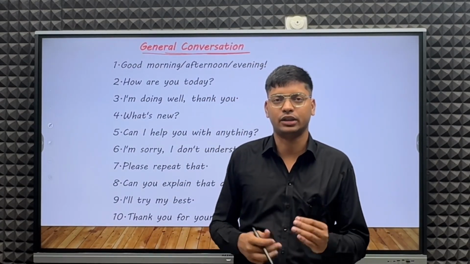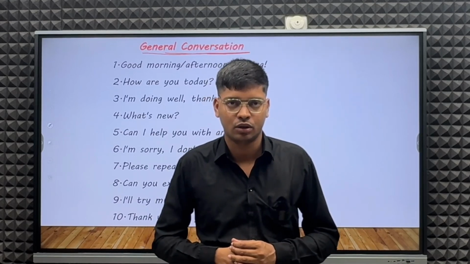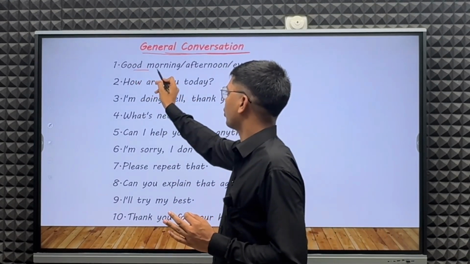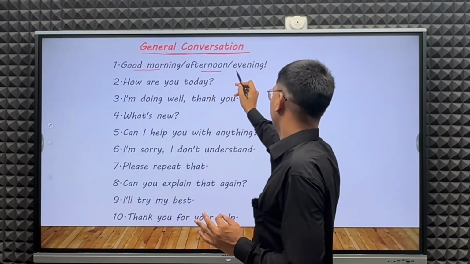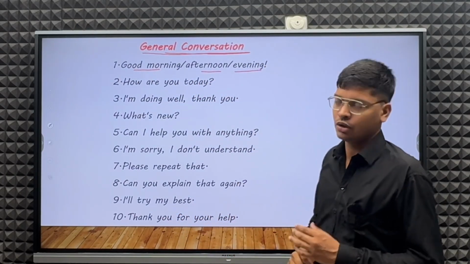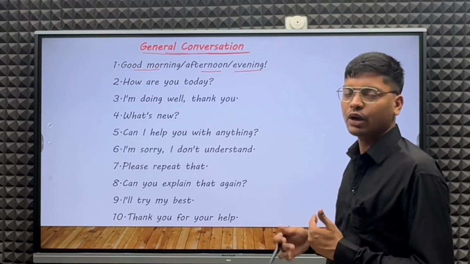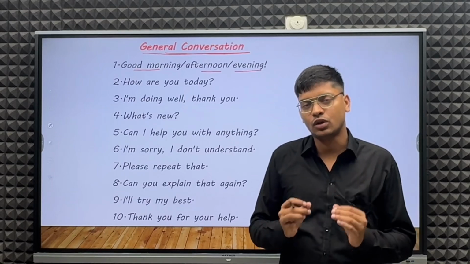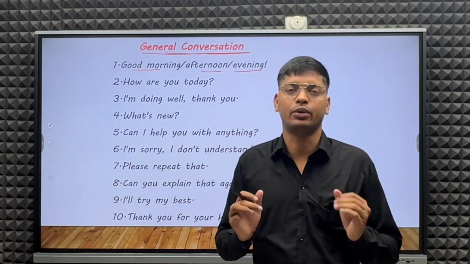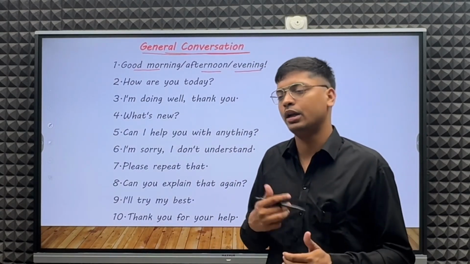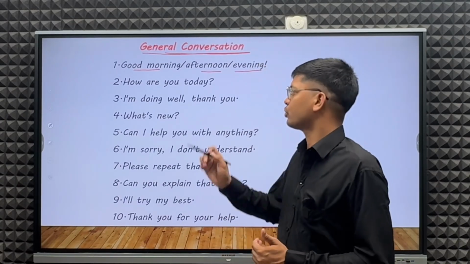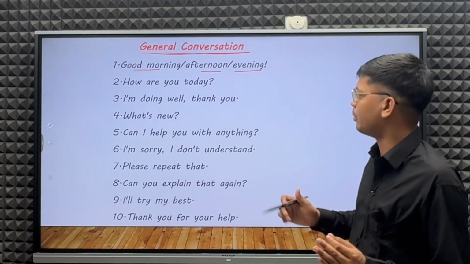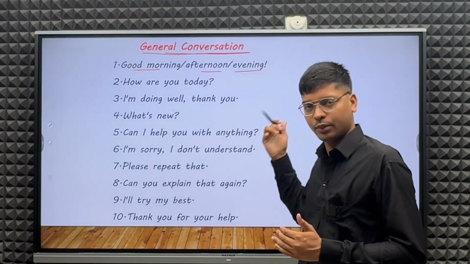The sentences here: good morning, good afternoon, good evening. These sentences will be used according to the time. In the morning we use good morning, at noon time good afternoon, and in the evening good evening.